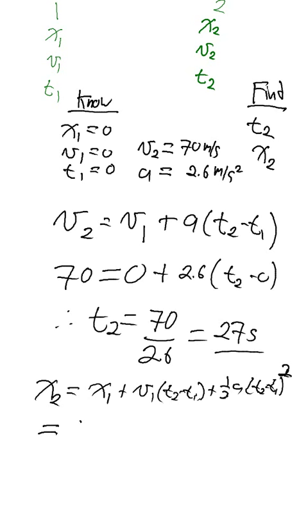So the original position is 0, the original velocity is 0, the plane starts from rest, plus 1/2 times 2.6, and now multiplied by this time that we just found, 27 seconds, and we square that. So 27 squared times 2.6 divided by 2 equals 942 meters.